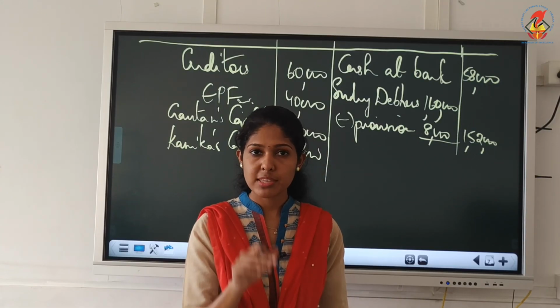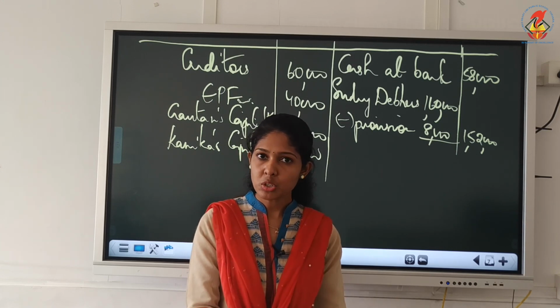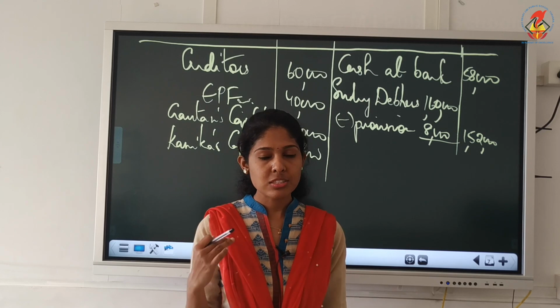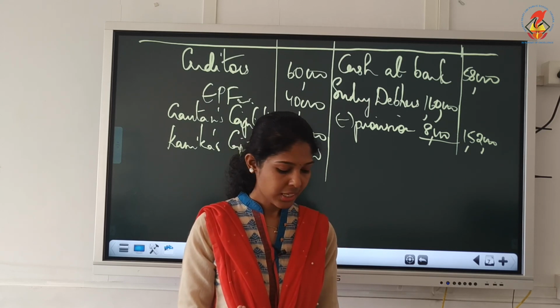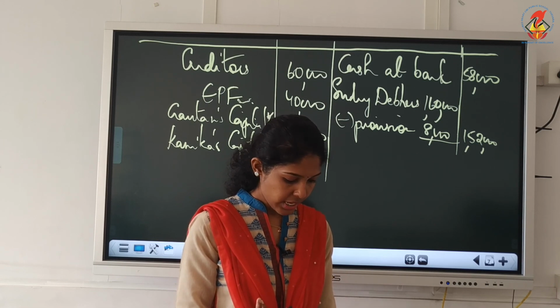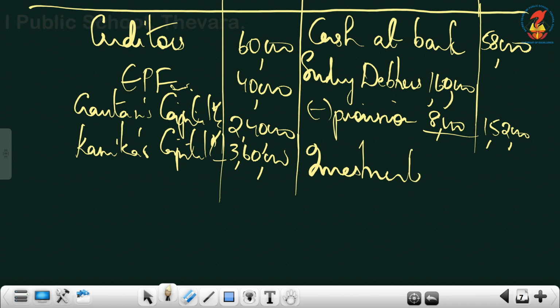Don't make a careless mistake. Students usually make the careless mistake of writing stock. Since the partner took it over, we can't write stock in the new balance sheet because we don't have stock with us. So stock will not come here. Investments will be there for rupees 2 lakhs. No change in investments. Then fixed assets, there is a change. Now it is reduced to 2,90,000. So that is the new value.